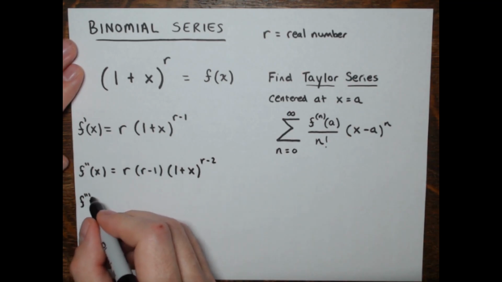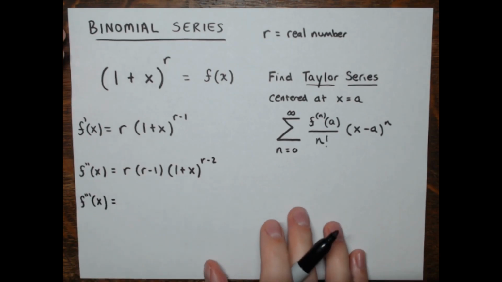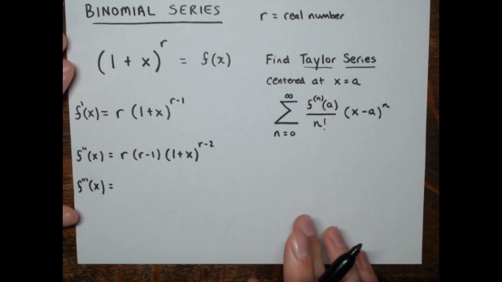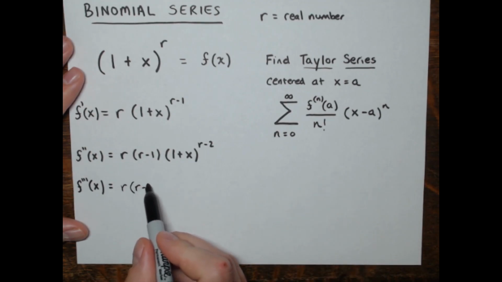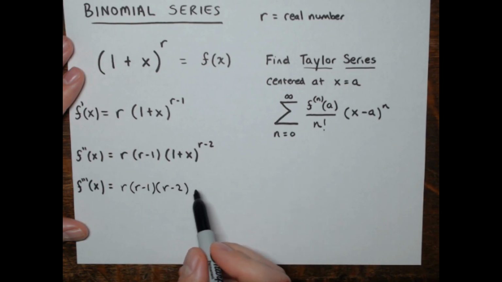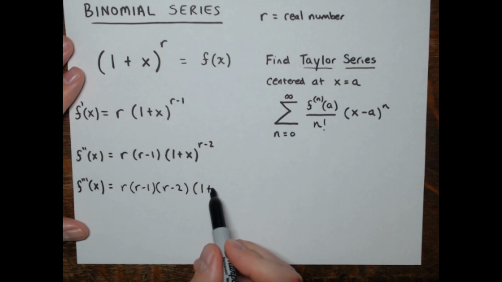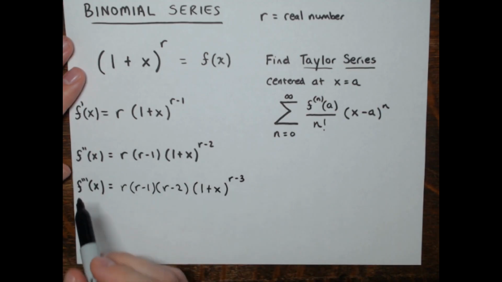Third derivative, and I'll go to the fourth derivative here before I write up in general what's happening. I have r times r minus 1, and then times r minus 2 times 1 plus x to the r minus 3, and then I'm just going to do one more derivative here.